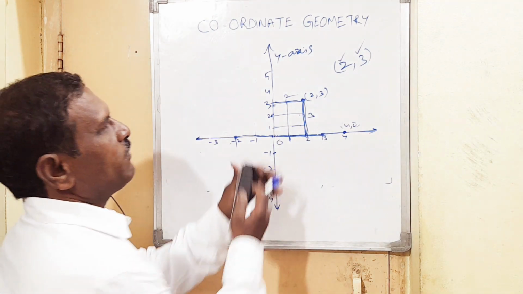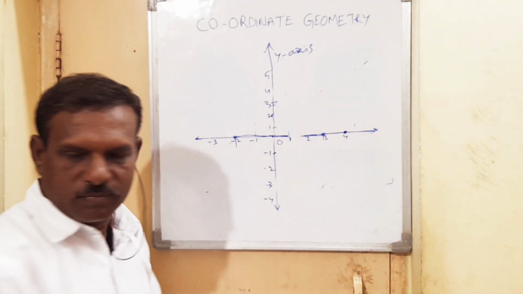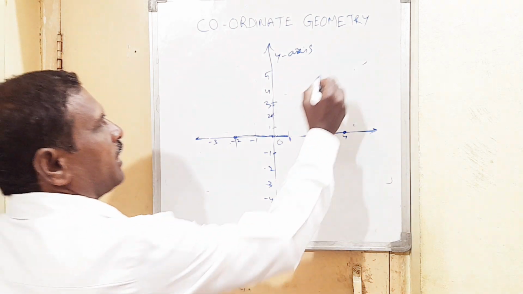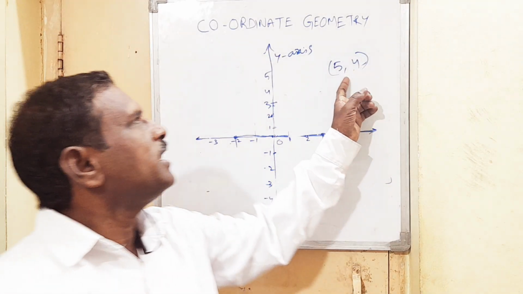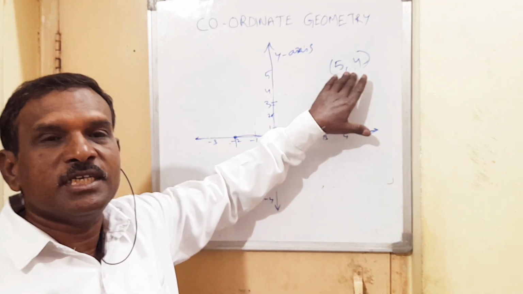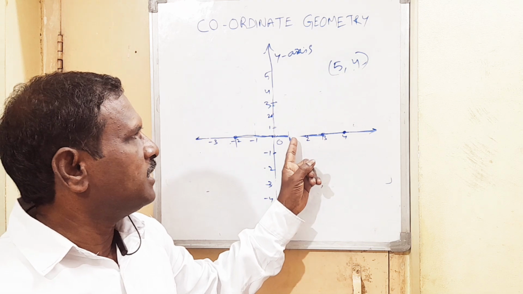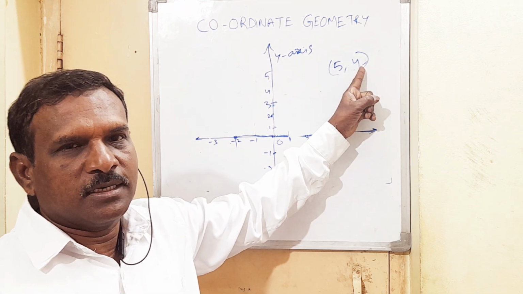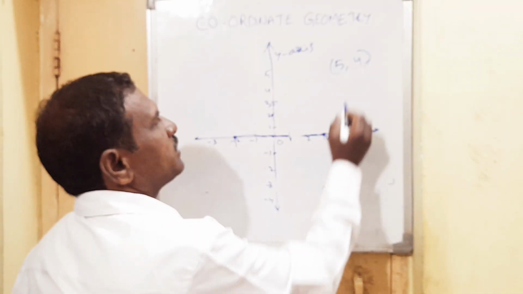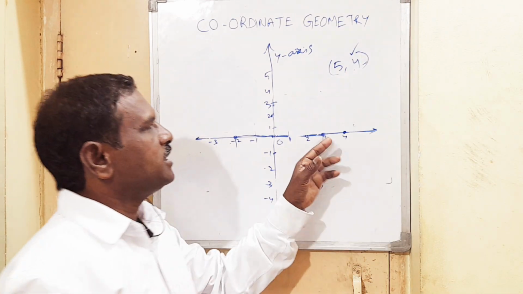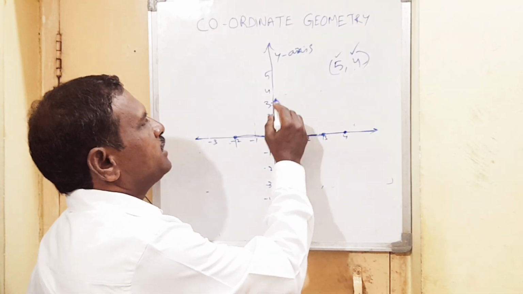Okay, now let us take one more example without plotting this on the graph. I have 5 comma 4. Here, what is the distance of this point from x-axis? As we discussed, the y coordinate is the distance from x-axis. So this is 4 units. 4 units is the distance from x-axis, and 5 units will be the distance from y-axis.